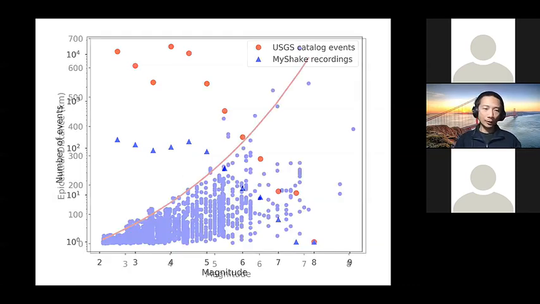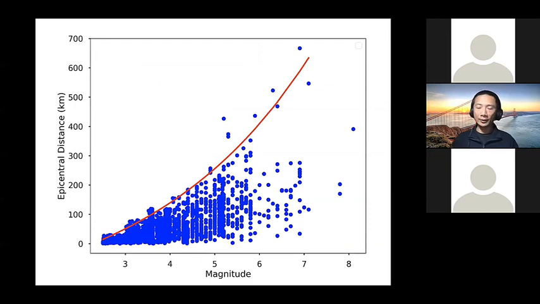Also, in terms of the distances at which we can record earthquake waveforms, this is from real MyShake data, from smaller earthquakes up to magnitude 8. All the dots are the ones we detected with waveforms. We can get a theoretical limit of the distance at which we can record earthquake waveforms.